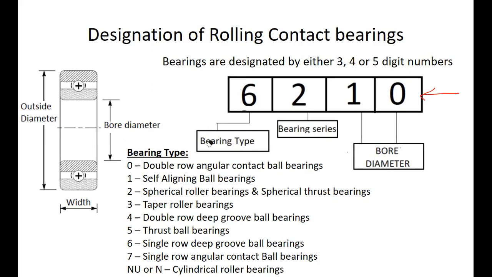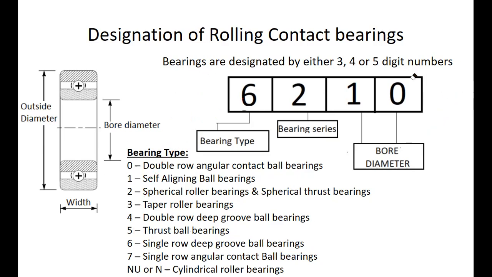If it is a 5-digit number, then the 5th digit, or else from your left side, the first digit, and from your right side, the 4th or 5th digit is going to be your type of bearing, right? So 6 indicates single row deep groove ball bearing.